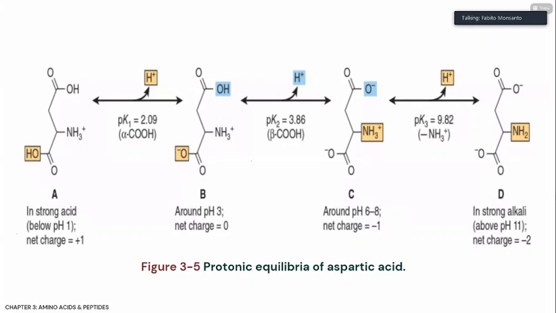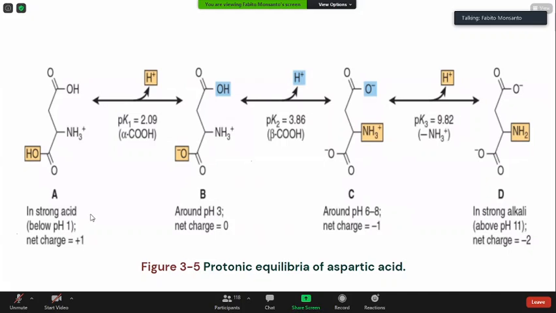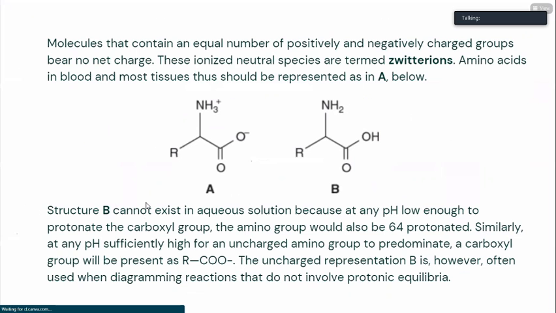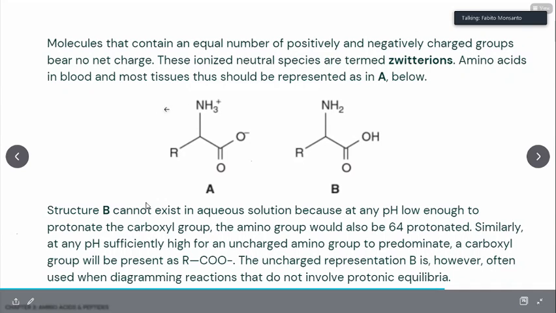It is slightly alkaline, because it is above 7. Now, at that pH, your species of amino acid is this one.